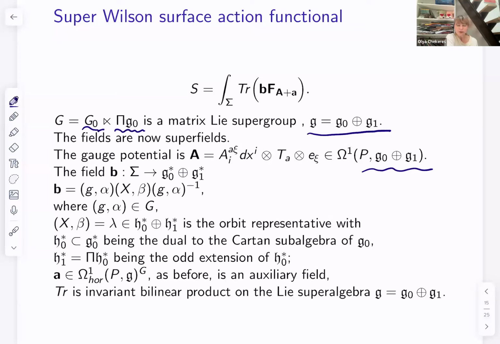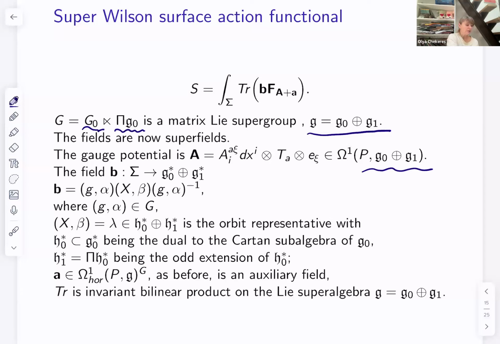Can you still see the screen? Okay. Yeah, in the dual to the Lie superalgebra. And it is again defined by conjugation, where now the element G alpha is in the supergroup G. G corresponds to the element in the even group, and alpha corresponds to the element in the odd part of the algebra.